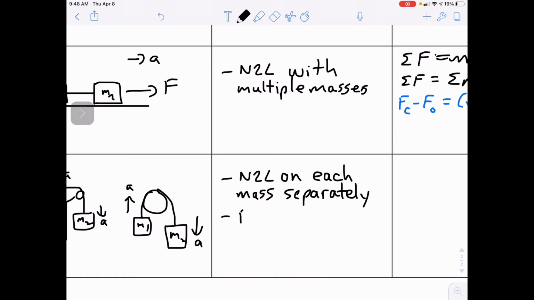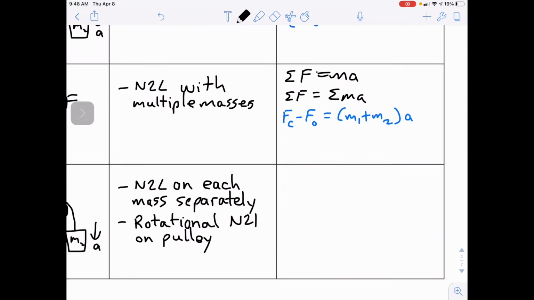Right? But you're going to also apply rotational Newton's second law on the pulley. So what do I mean by this? Well, net force equals ma on each mass, which means you need to be able to figure out what the causing force minus the opposing force equals ma for each mass.